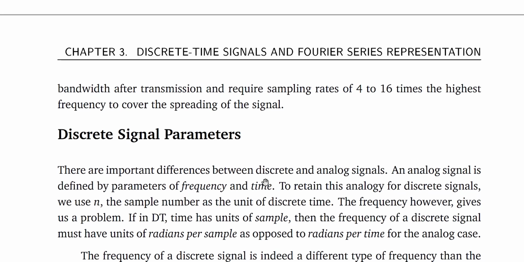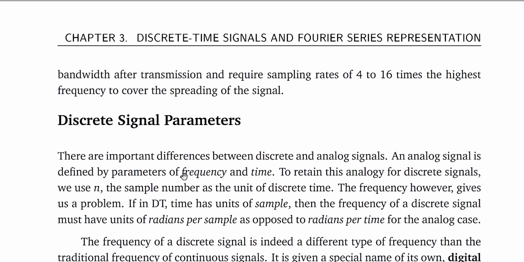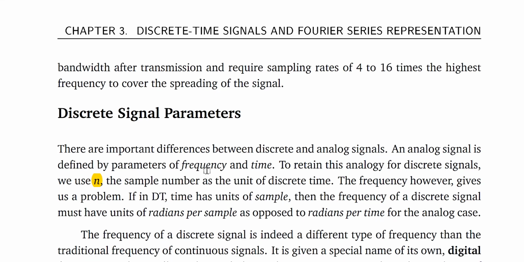And for discrete signals, obviously, we want to retain the same analogy. So for discrete signals, we use the letter n instead of the time. The frequency, however, then gives us a problem, because in an analog signal, when we talk about frequency, we talk about a certain number of degrees or radians per second, and time is in seconds.